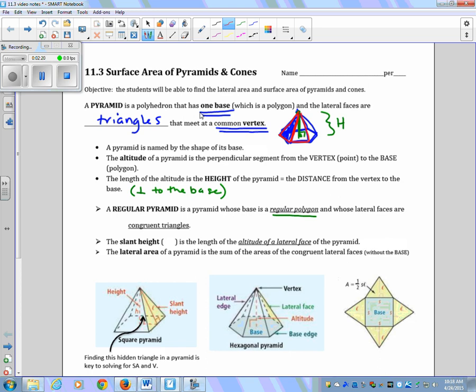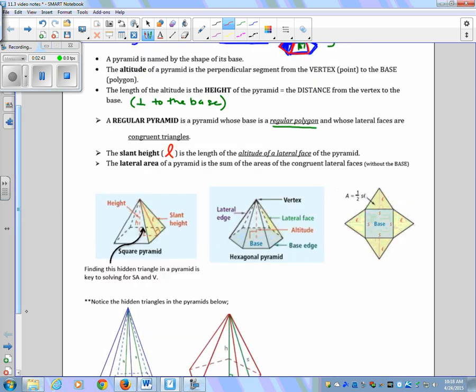The slant height, which is denoted with a lowercase script l. I know it's kind of strange, but a lowercase script l is the slant height. So fill that symbol in here. It is the length of the altitude of a lateral face. If you look at this diagram here, it's easier to talk about the slant height.